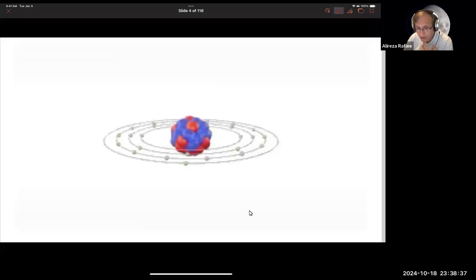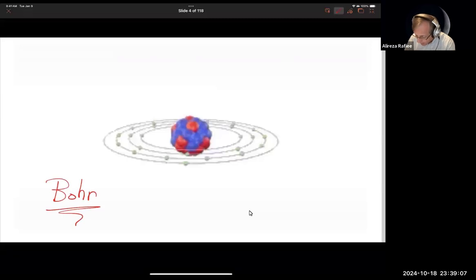In reality, quantum mechanics since 1925 is teaching us that electrons are not like particles. They are more complicated than particles, and instead of rotating in a circle around the nucleus, they might have much more complicated structures. But this solar system model of the atom, the Bohr model, is good enough for us, and we are going to use it and continue.